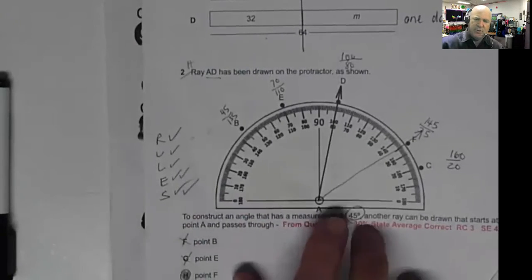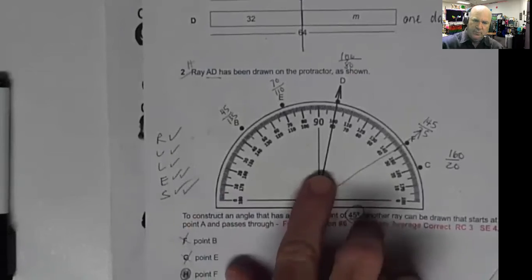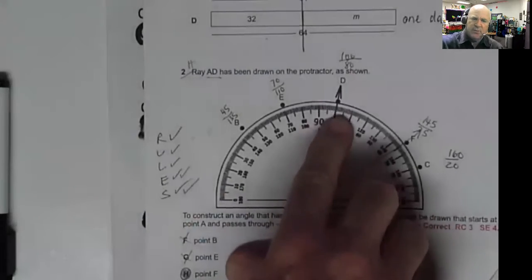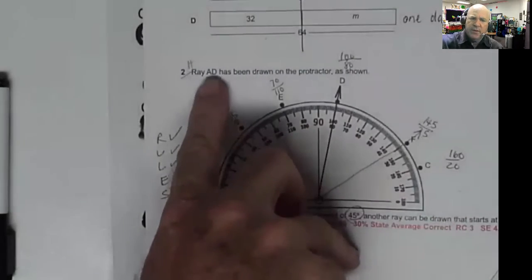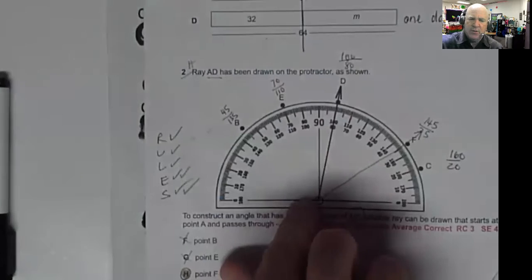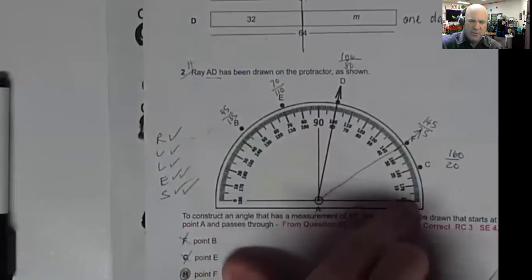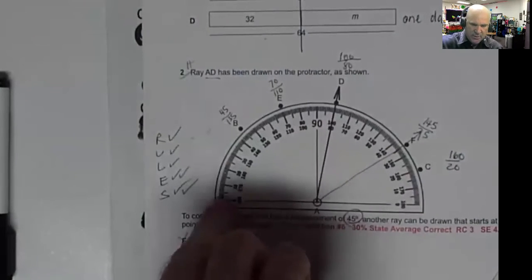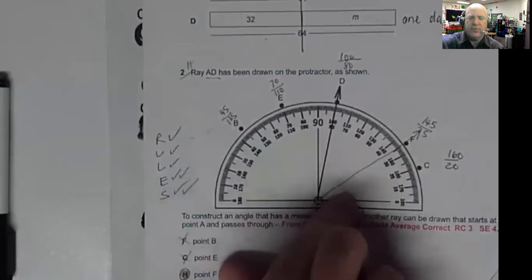And I think what happened, boys and girls, is the starting point was not at 0 or 180 degrees. You don't see any letters or any rays going through there.